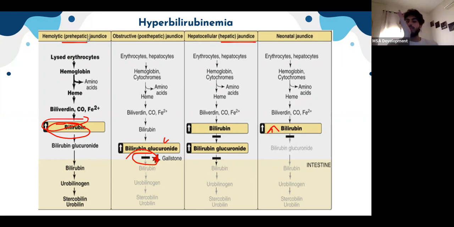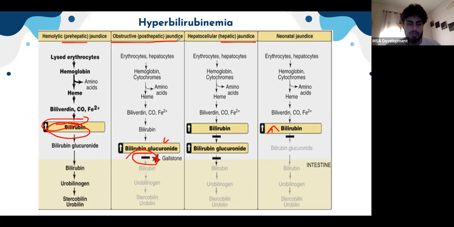So we're still able to conjugate the bilirubin and excrete it, but we just have an increase in unconjugated bilirubin. So the production is increased compared to how much we excrete the bilirubin. Okay, obstructive or posthepatic, so after the liver.